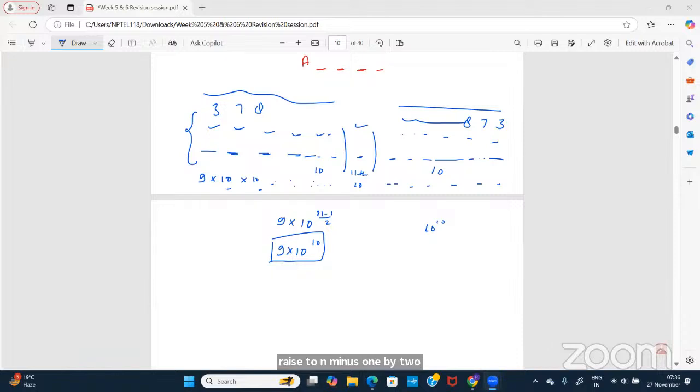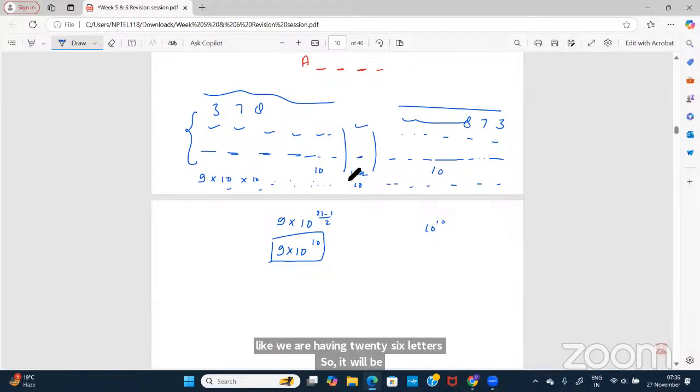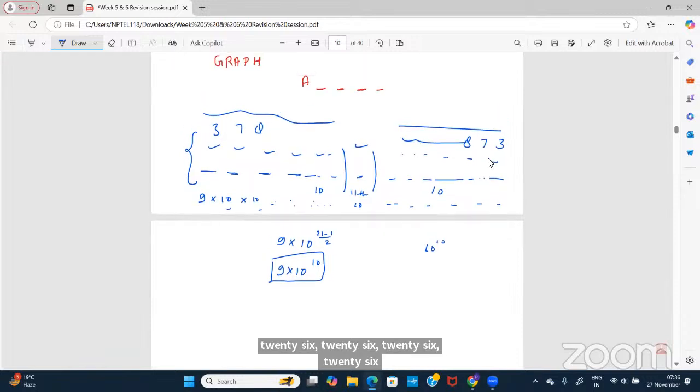So this 9 will be 10 again. Like if we are having 26 letters, it will be 26, 26, 26, or whatever the letters given to you in the question.